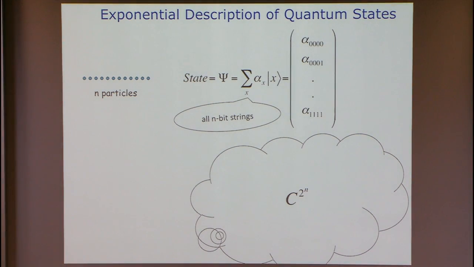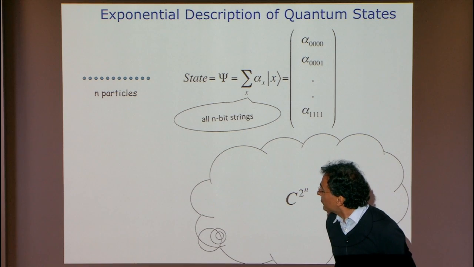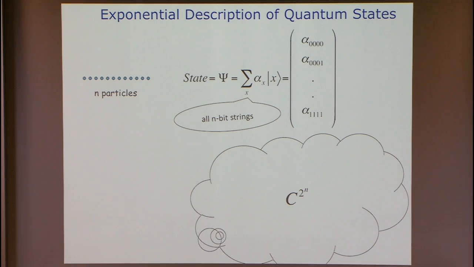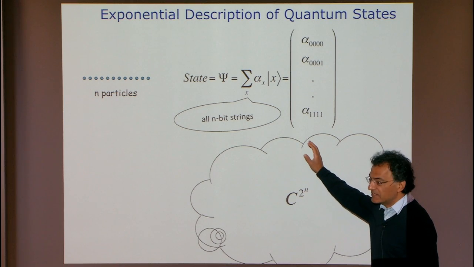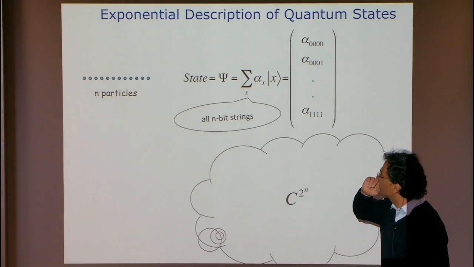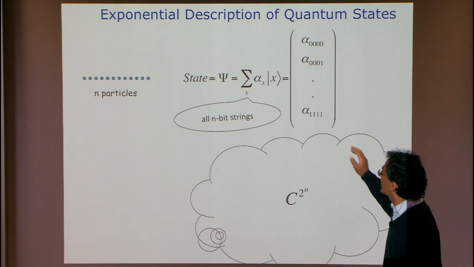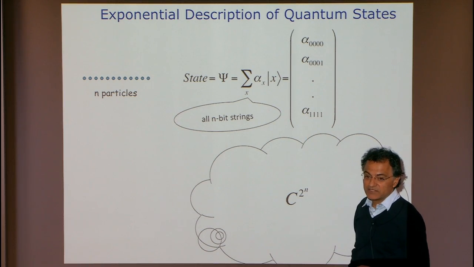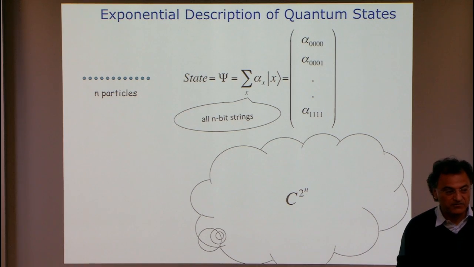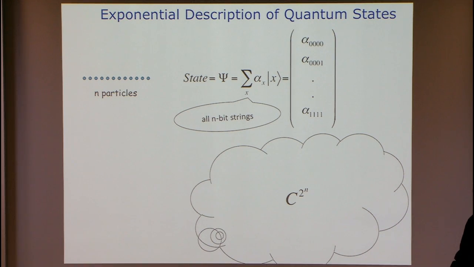Okay, so sorry. So let me start from the basics, which is where we start from in quantum computing, which is this remarkable fact about quantum systems, which is that the state of an n-qubit system requires 2 to the n parameters to describe, rather than order n, which is the case for a classical system.